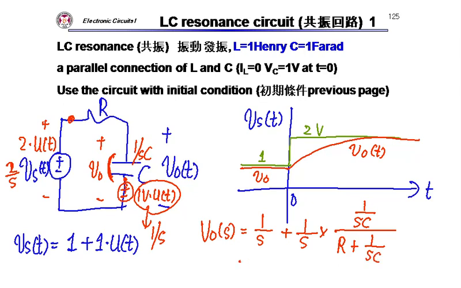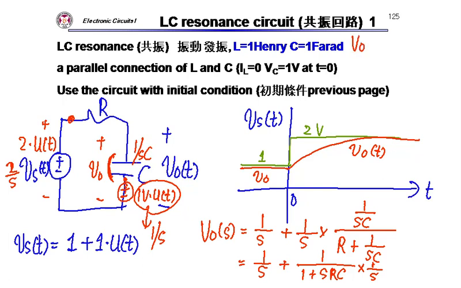So I will multiply this C, then sC. I multiplied sC. Okay, this is my Vo(s).